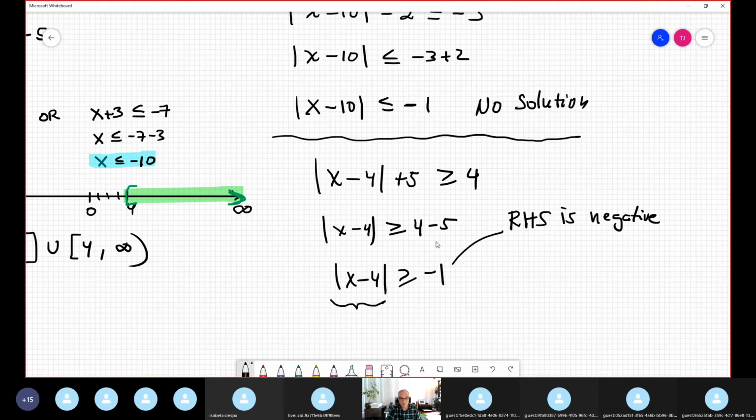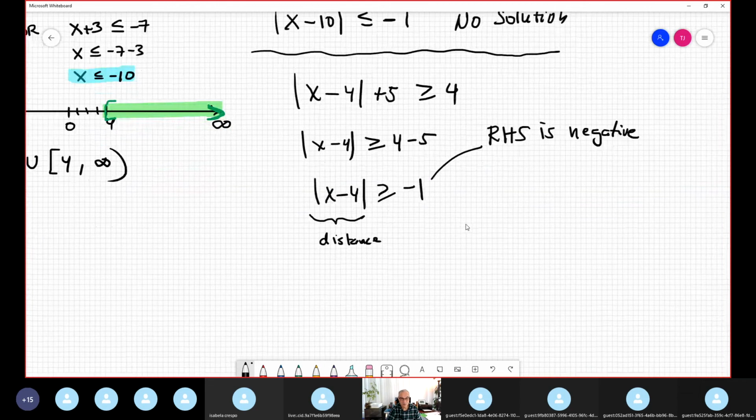This is a distance. And the distance I know is always positive. And a positive number is greater than or equal to negative 1. Well, equal never. If it is a positive number, equal to negative 1, obviously it is a contradiction, totally a contradiction. But positive is greater than negative 1 is true. This is false.